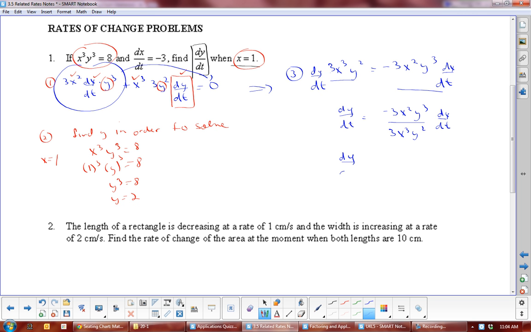So dy over dt, let's do some simplifying. Negative 3 divided by 3 is negative 1. And then I'll have an x on the bottom and a y up top, dx dt.